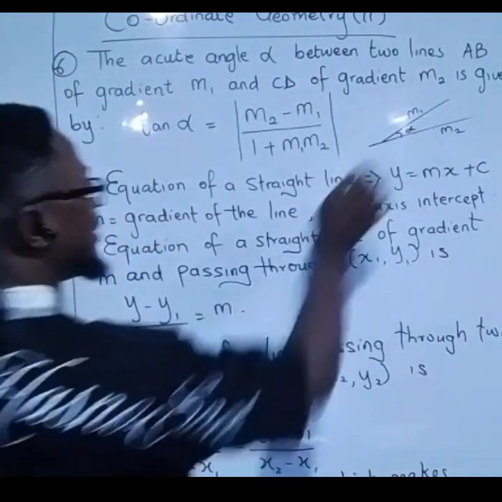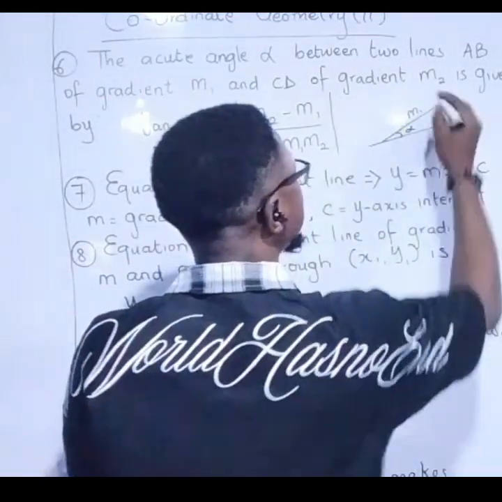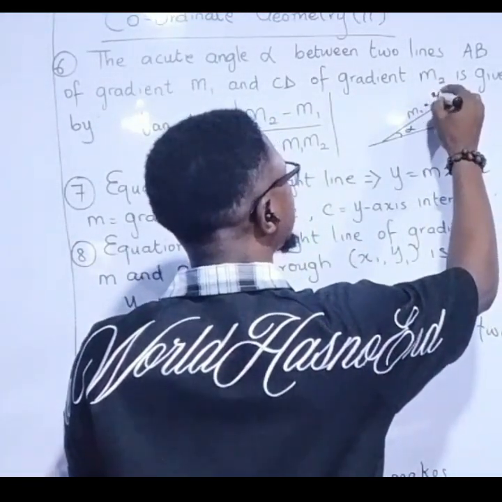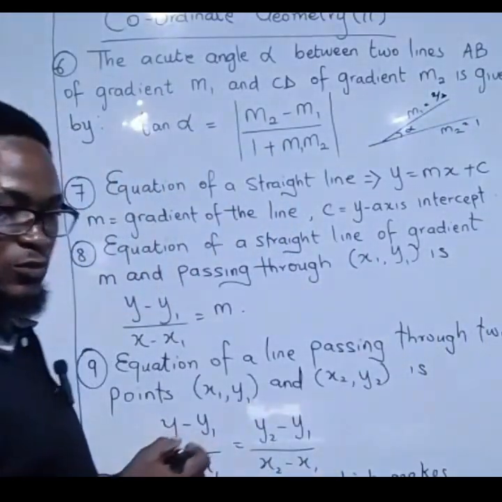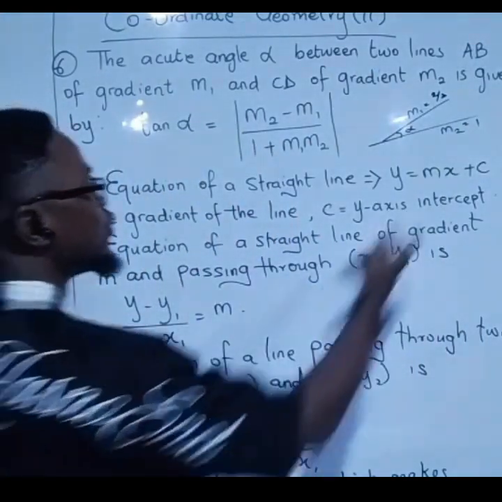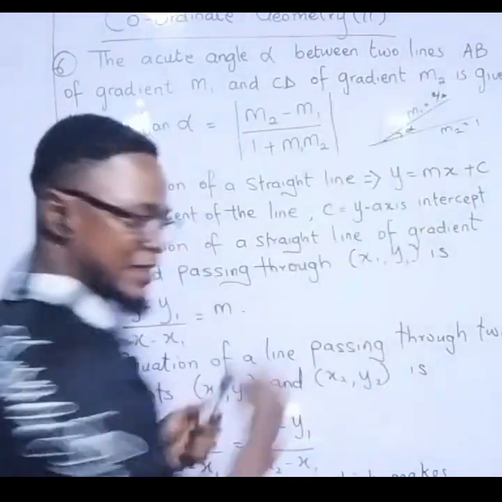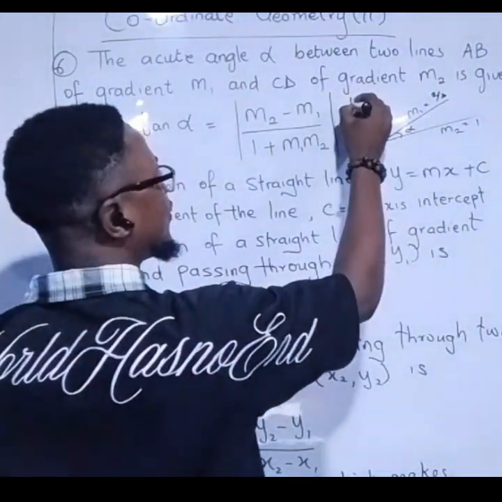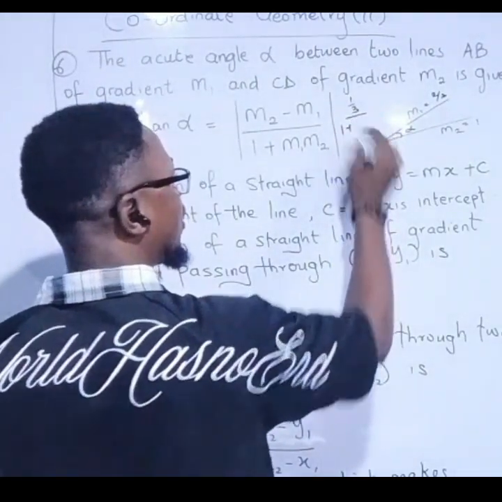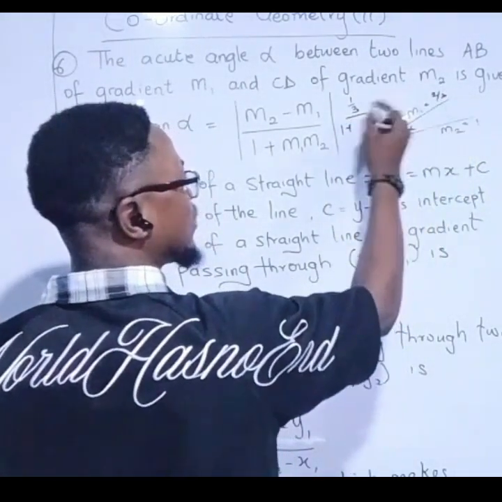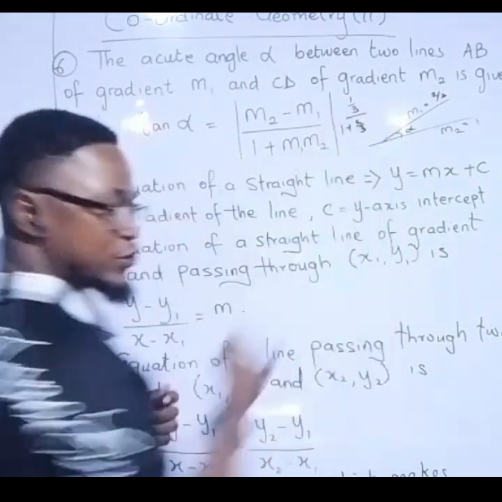For instance, if this line now has a slope of, let's say, 2/3, and this one has a slope of, let's say, 1. So I can easily do 1 minus 2/3. It will give me 1/3. I will now divide it by 1 plus, multiplying this by 2/3, which is 2/3.